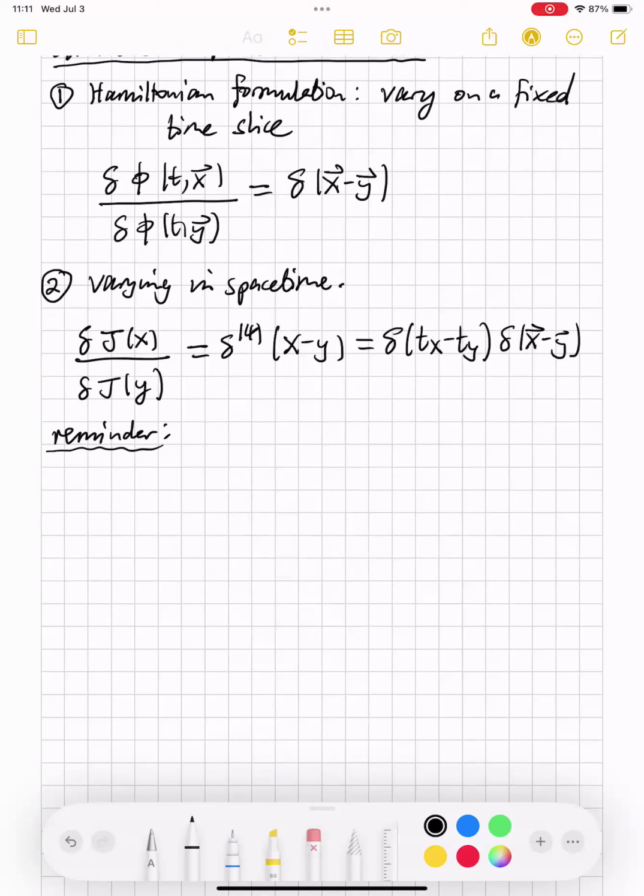Probably the most important functional derivative that we'll want to calculate is delta over delta j of x1 of e to the integral d4x j of x phi of x. Now you should know enough to evaluate that functional derivative. So go ahead, give it a shot, and once you've figured it out, watch the next video. Good.